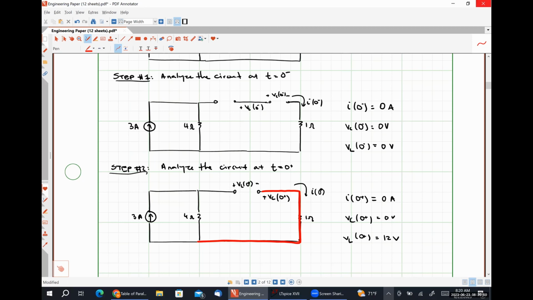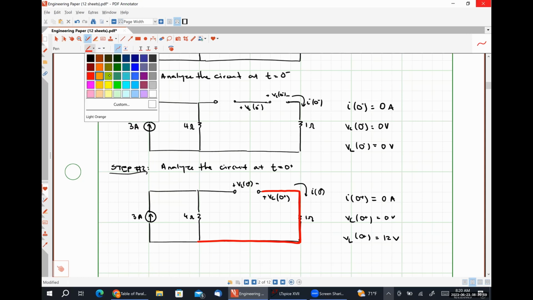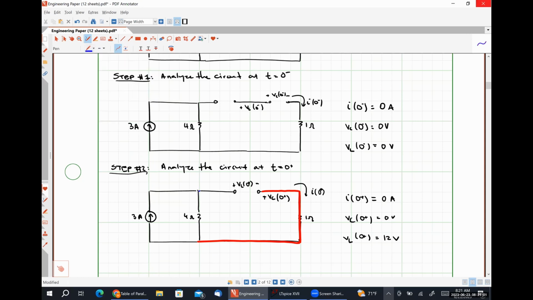So the negative polarity terminal of the inductor is at the same potential as the bottom terminal of the 4 ohm resistor. Well, the positive polarity terminal of the inductor is at the same node as the top node of the 4 ohm resistor, which means for all intents and purposes here, our inductor is behaving as if it were in parallel with that 4 ohm resistor.